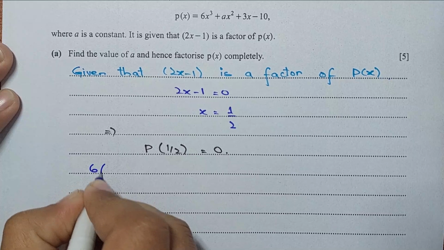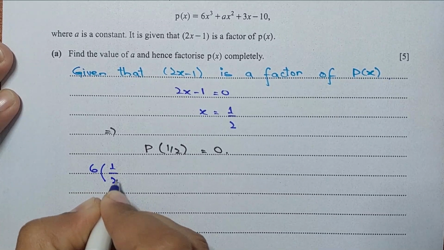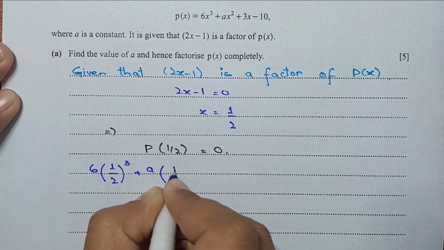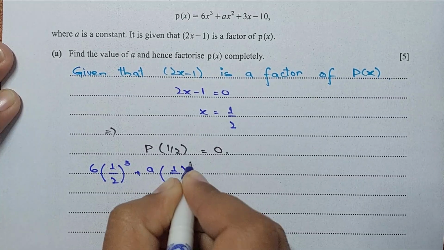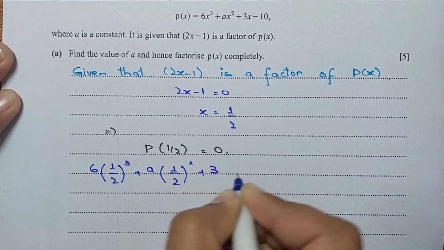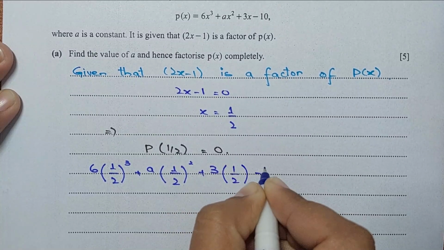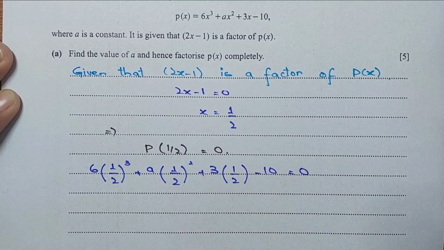So 6 times (1 by 2) cube, plus a times (1 by 2) square, plus 3 times (1 by 2), minus 10 equals 0, right?